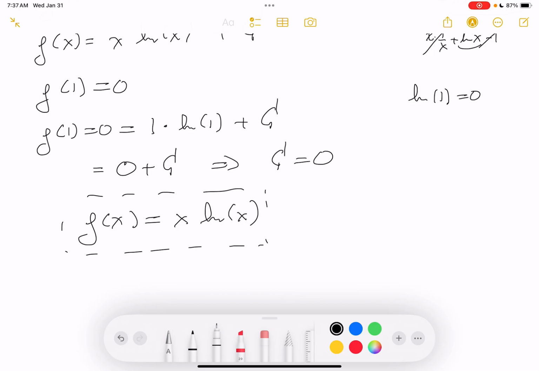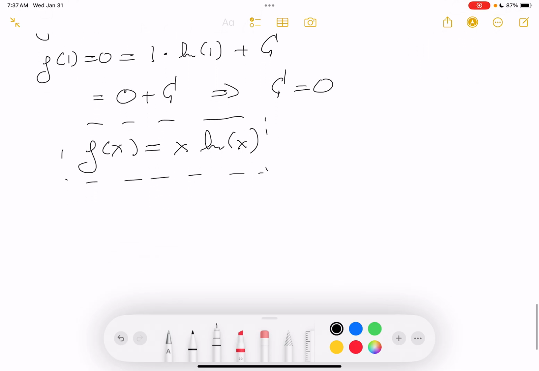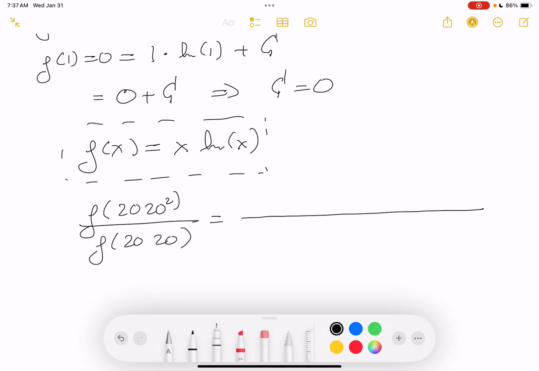All right? Again, important. Now, why is it important? I need to evaluate something. I need to evaluate f of 2020 squared divided by f of 2020. Let me write that down for you. What's it going to be? 2020 squared times ln of 2020 squared over 2020 times the natural log of 2020.